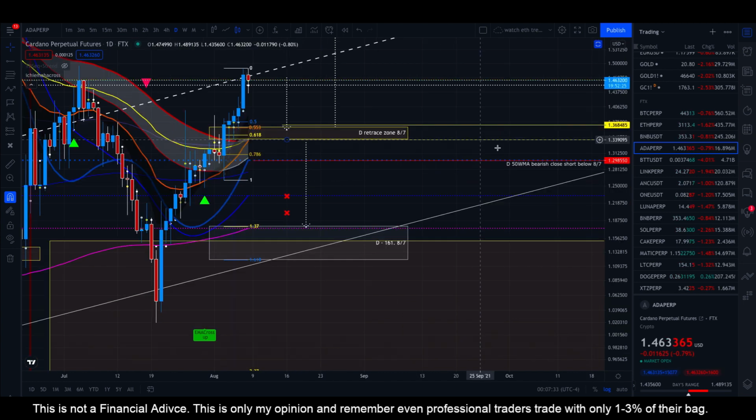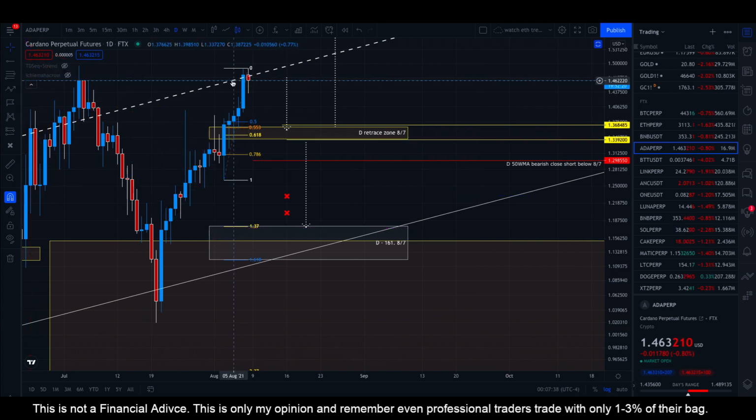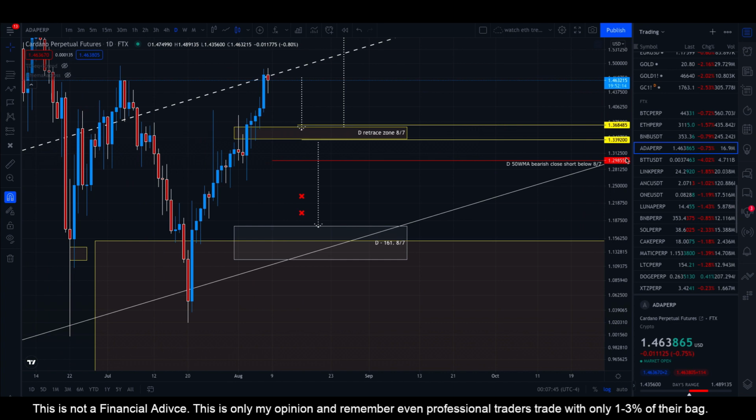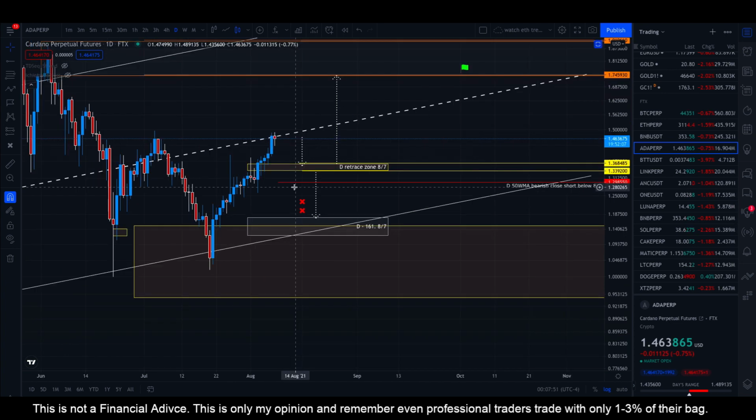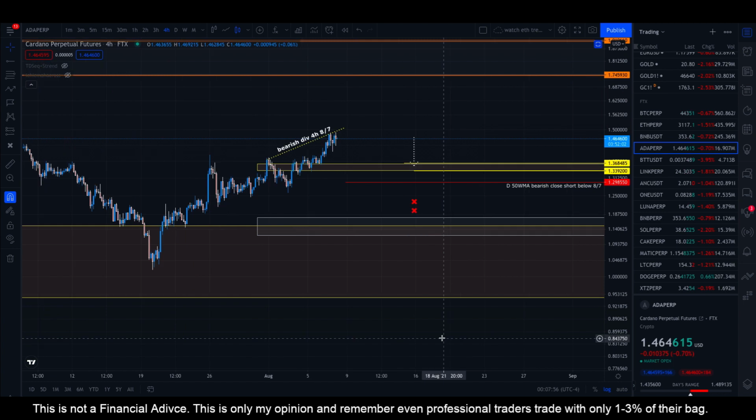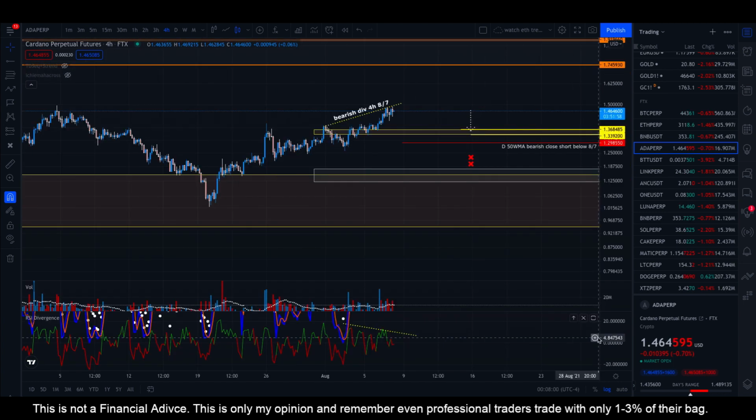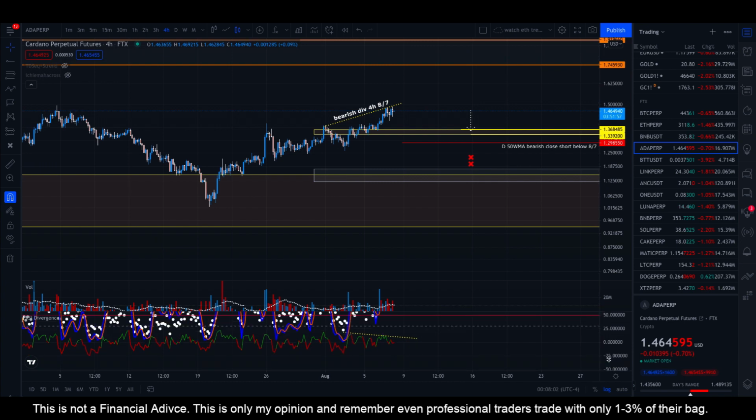All right. So one thing I want to point out is that there is a bearish divergence developing on the 4-hour time frame right here, where we have the RSI.